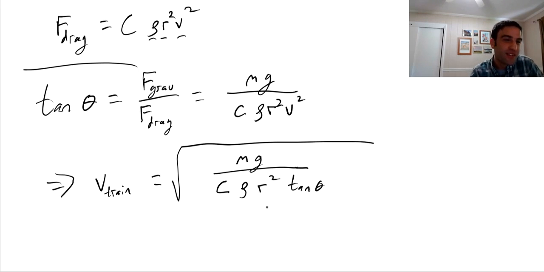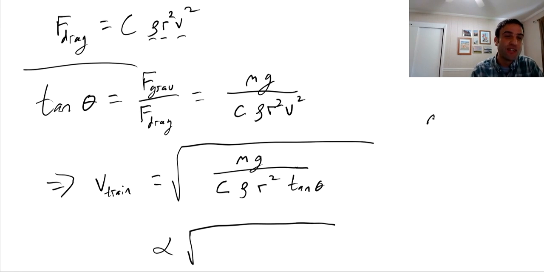So a bunch of these are various constants, and we can do more analysis on this if we want, but let me just simplify a little bit. We've got the mass of the droplet, and the mass of the droplet is going to be like the density of water multiplied by 3 powers of the radius of the droplet.